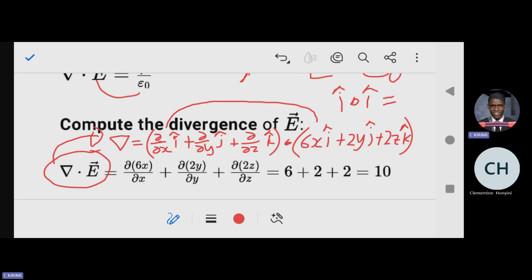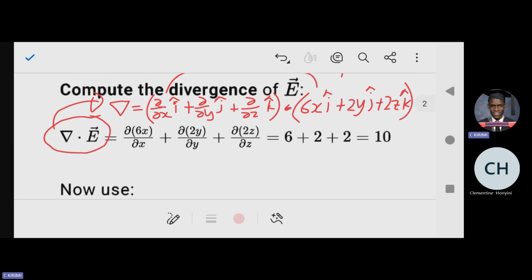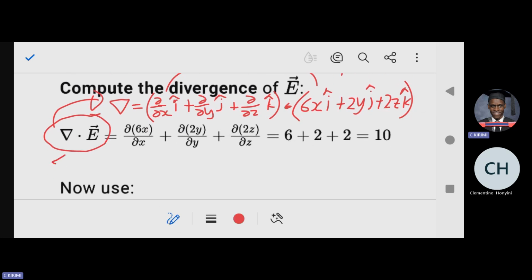And I dot K is 0. J dot K, if they are not the same, it gives you 0. It's only 1 when they are the same component. When you do a dot product, you get a scalar. It means now it's a number, no longer a vector. Whenever you see a dot product, the result is a scalar, not a vector.